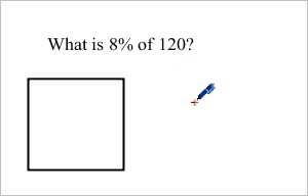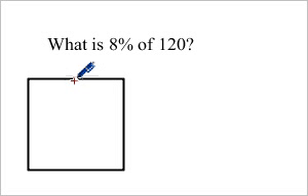So another example here, what's 8% of 120? Again, it doesn't matter if this whole represents 100 or 120, the percent of it is going to look the same. So if I was going to do 8% of this, and it's representing 100, well, let me think. 8 is around 10%.